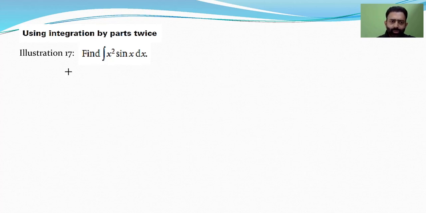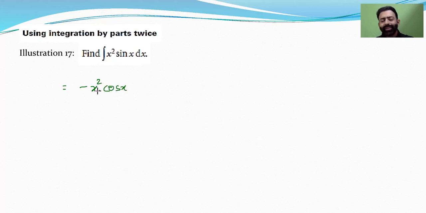Okay, so this integral will be equal to, now think in your mind that first function you will write as it is, which is x square, and integral of second function, which is sine x, which is minus cos x. Okay, so I'm writing directly this as minus x square cos x.